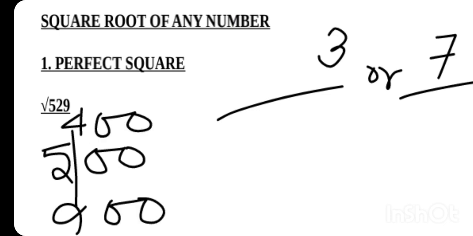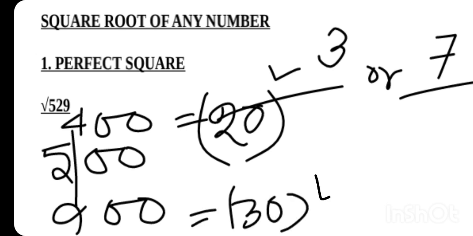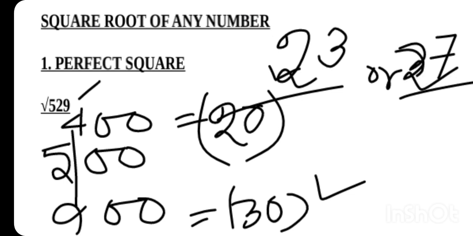Now this is the square of the number, what is 20. Okay. And 900 is the square of the number 30. So it is clear that the square root of the number 5 to 9 is between 20 and 30. So here we get the answer as 23 or 27. Okay.